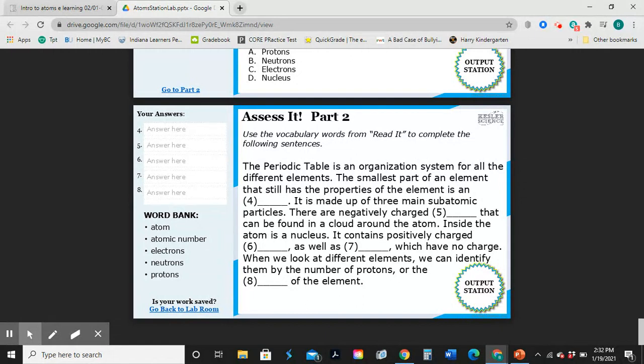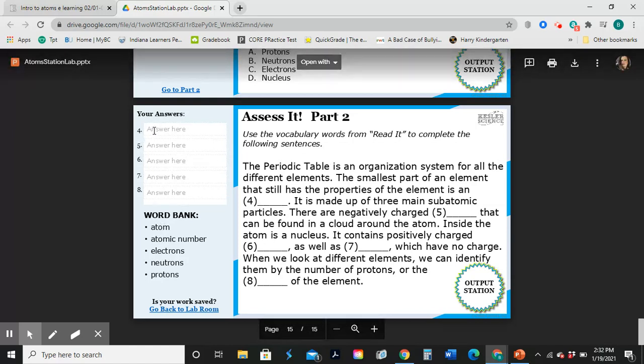There are negatively charged blank that can be found in a cloud around the atom. Inside the atom is the nucleus. It contains positively charged blank as well as blank, which have no charge. When we look at different elements, we can identify them by the number of protons or by the blank of the element. You'll fill in those answers right here.